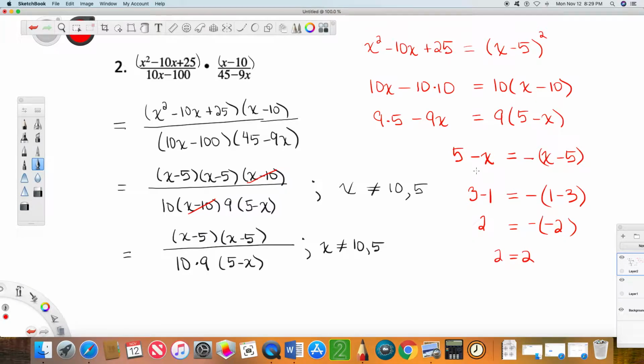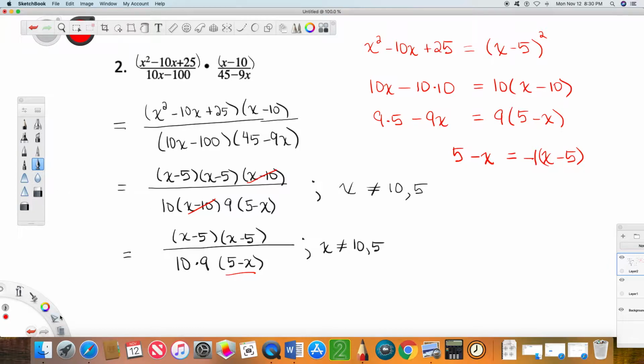So when I have subtraction in a different order, I'm not going to say that they're equal to each other, but I am going to say that they're opposites of each other. And by using that idea of the opposite, I can set up an equality. So this 5 minus x, I can think of it as a negative 1 times x minus 5.